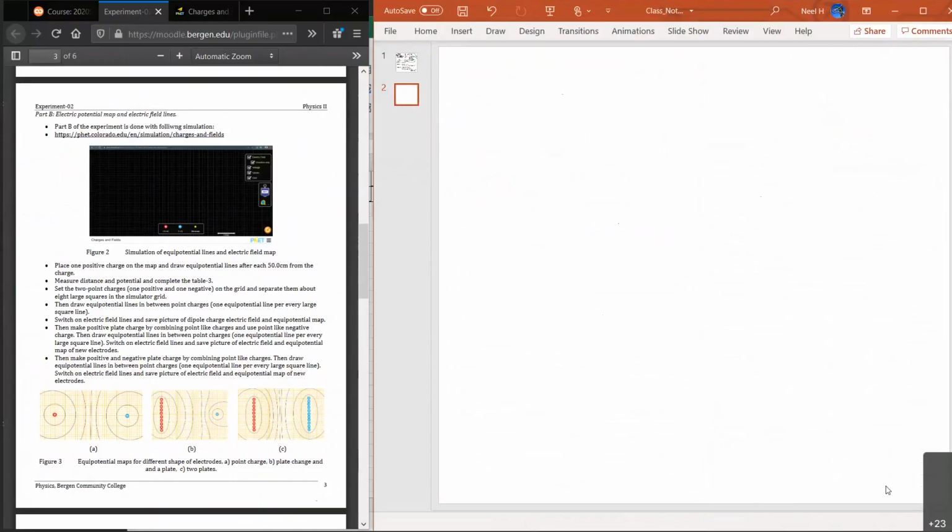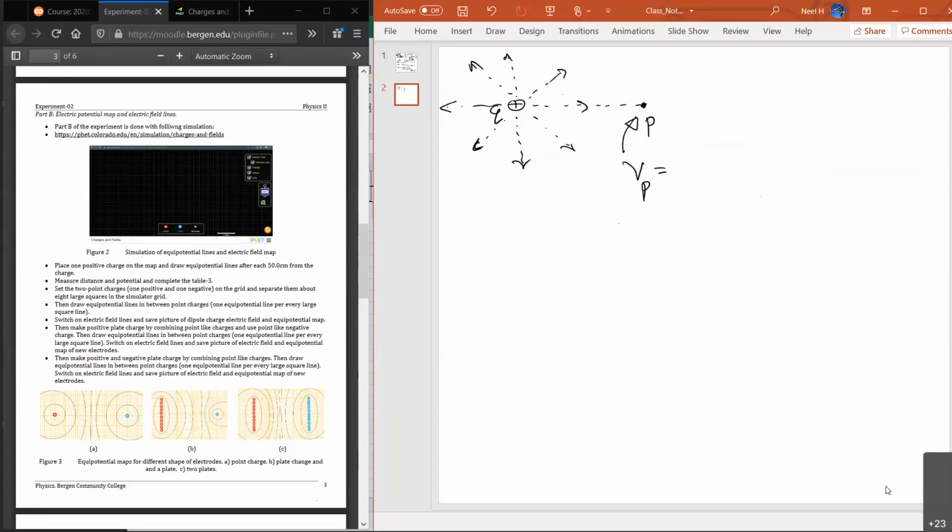If you have a charged particle, let's say I have a positive Q here, all the field lines should be going away from the positive Q. If you go r distance from the positive Q, at point P, this point has a certain potential Vp.